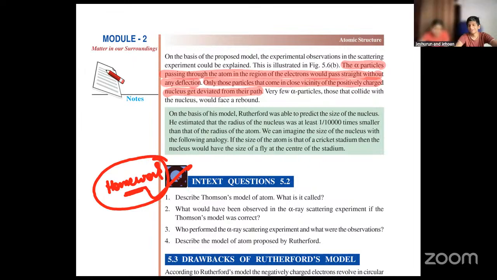Using this cricket stadium analogy, the electrons will be like grains of dirt or even microscopic. Everything is microscopic, you can't see atoms with your eye. But the thing is, the nucleus is concentrated in the center and it has all the mass of the atom. That's the main point.